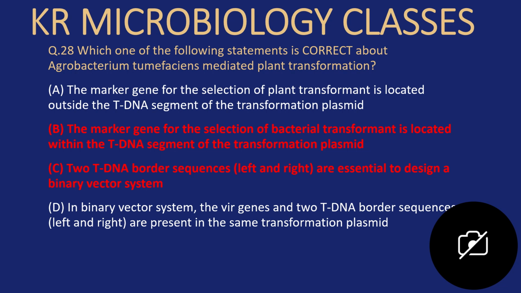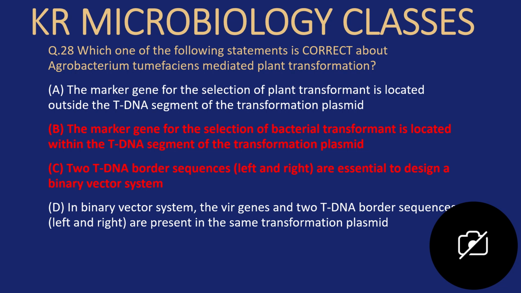In the next question, which one of the following statements is correct about Agrobacterium tumefaciens mediated plant transformation? Sorry if I am pronouncing something differently, that's okay, I hope you can understand. You all know very well that Agrobacterium tumefaciens is a very good plant transforming bacterium, because it contains a Ti plasmid which is capable of transferring the required genes to the plant cells in a very standard manner.